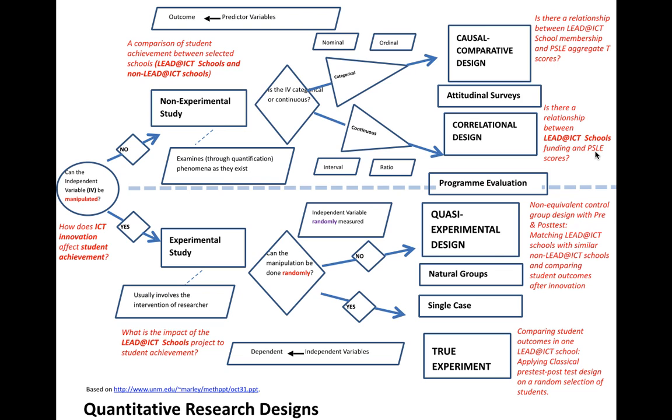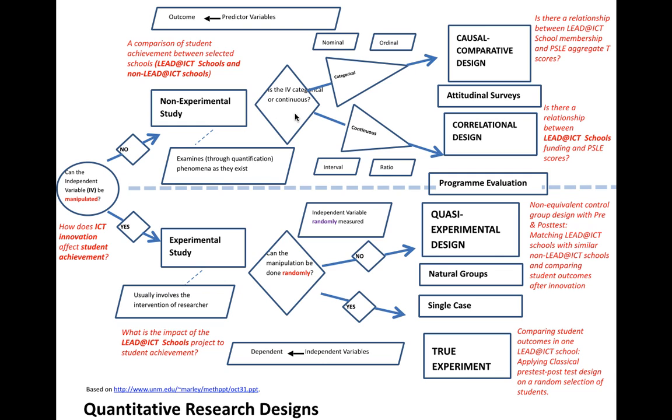These are high-stakes tests, and these are continuous variables, ranging from 0 all the way to 250 to 280, right? So you're comparing whether there's a relationship between the dollar amounts and the results of the PSLE. So these two variables, funding and PSLE scores, are continuous variables. In that sense, you do a correlational design.